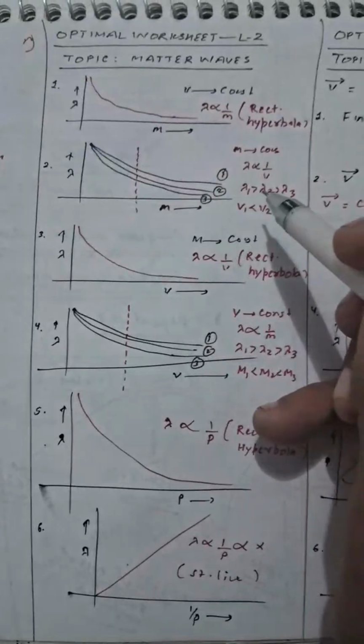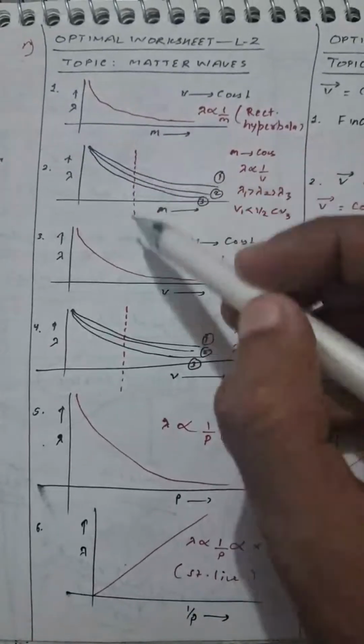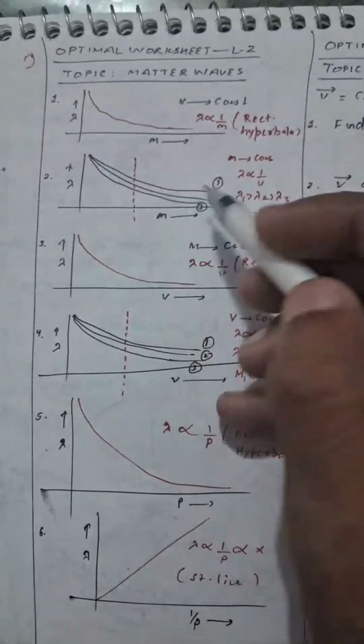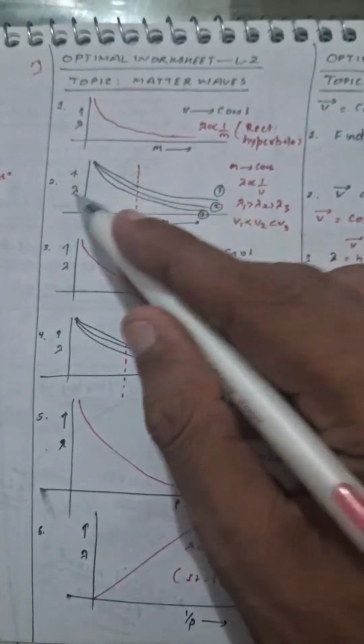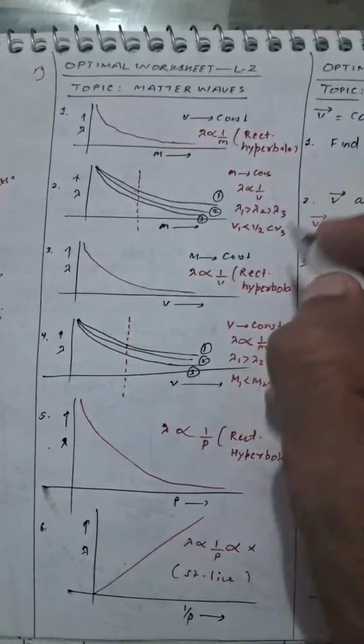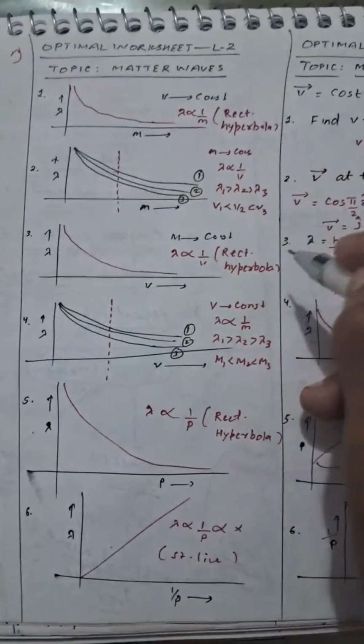So corresponding to larger lambda we have smaller speed. So if I draw the graph like this, I can see that lambda corresponding to graph 1 will lie over here. So lambda 1 will be greater than lambda 2, greater than lambda 3. So v1 will be less than v2, less than v3. This is the analysis that we can make.